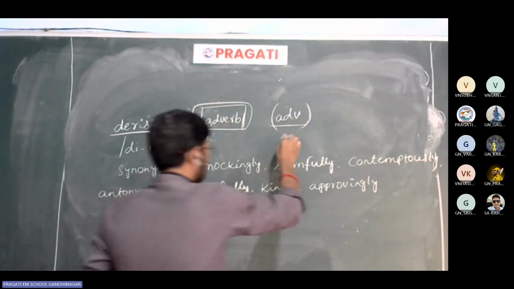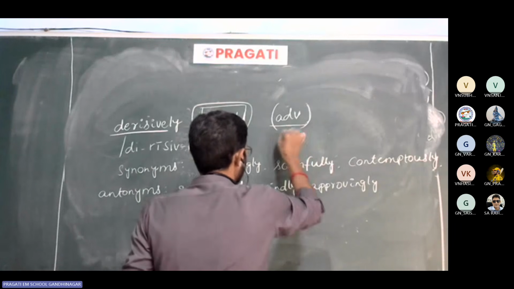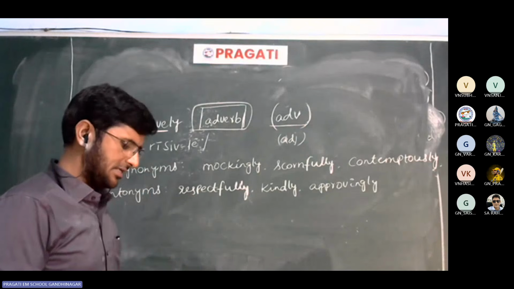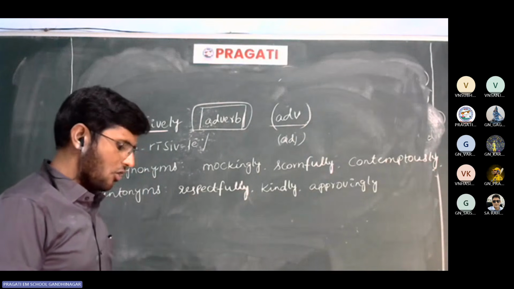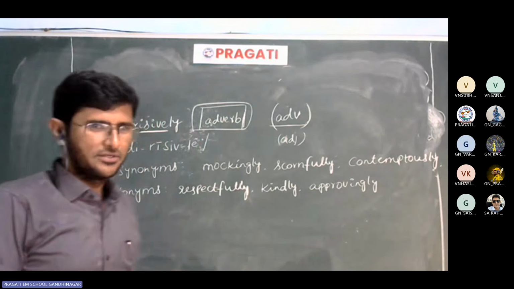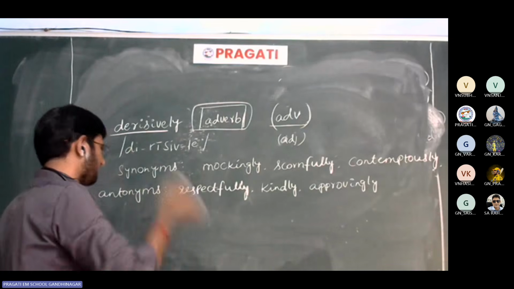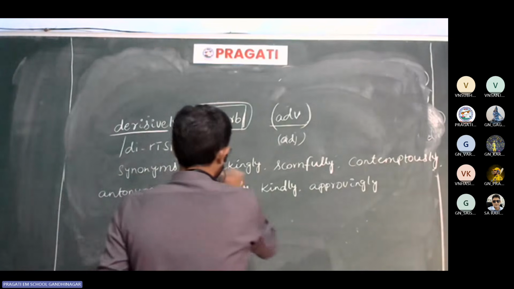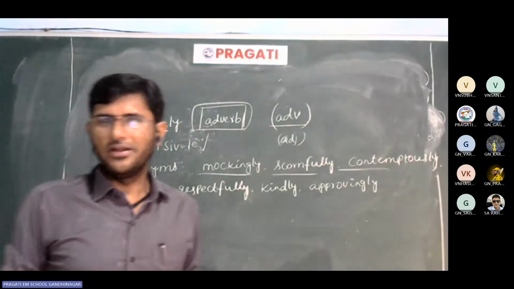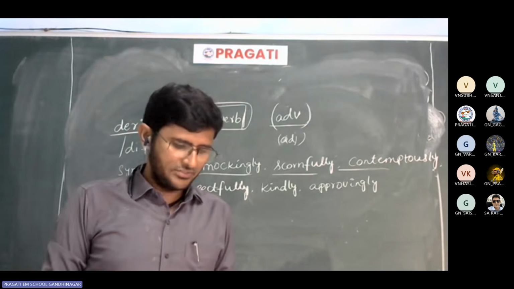Adv means adverb, and if it is adj, it is adjective, right? So you have to write here adverb. And the second question is, what are the synonyms of the given entry? What are the synonyms? Synonyms have already been given here. We don't have to take any pain or trouble. Synonyms are mockingly, scornfully, contemptuously, whatever synonyms you find there, you can simply copy them in your answer sheet.